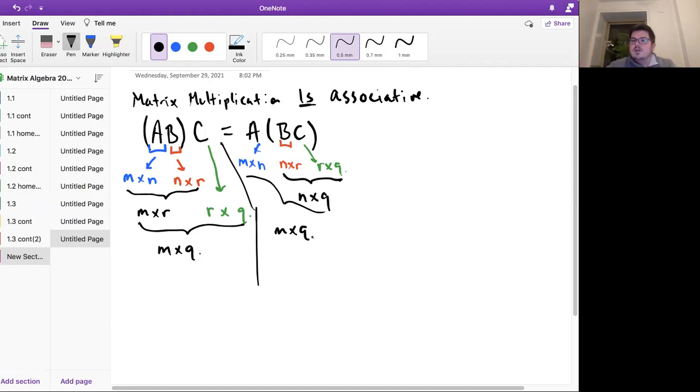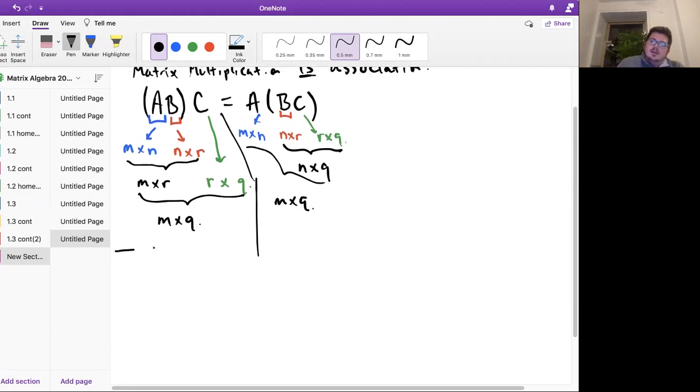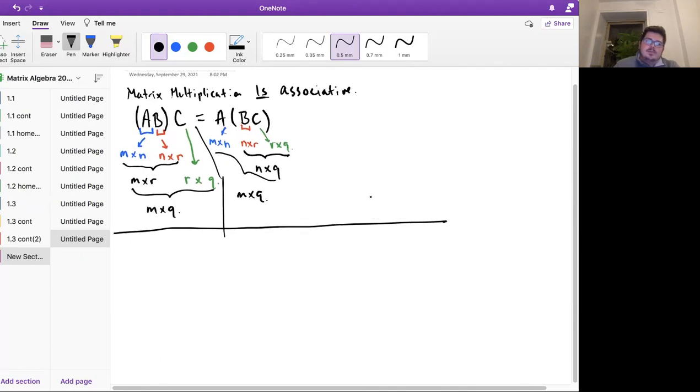All right, I probably won't have time to finish this proof, but I'll start it. Let's think about what the elements of the matrix AB times C are.